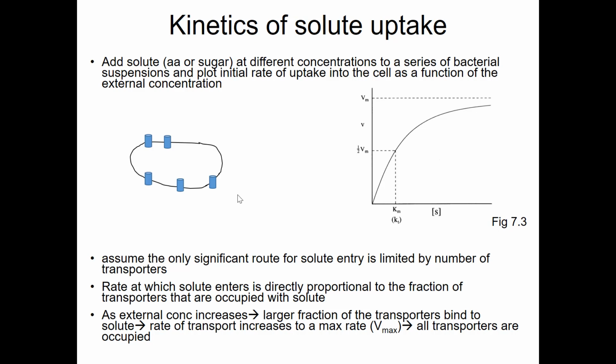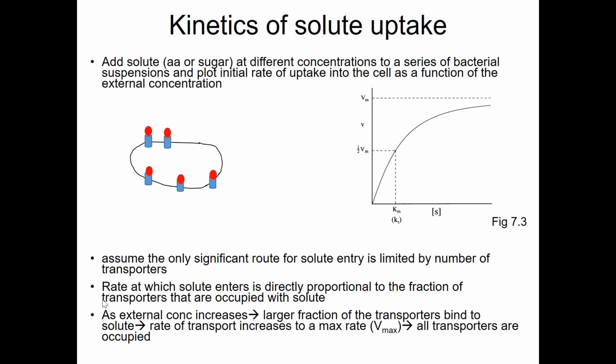So if you have a cell and it has 1, 2, 3, 4, 5 of these sugar transporters, for example, if you only have one sugar molecule, it's going to be taken up very rapidly. So the rate at which solute enters is directly proportional to the fraction of transporters that are occupied with solute.